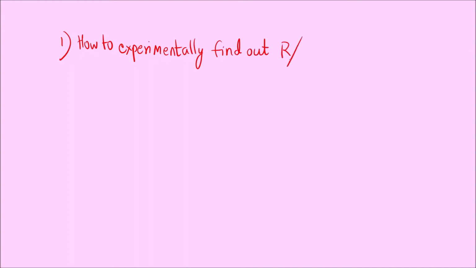Now the first question is how to experimentally find out whether a compound has R or S absolute configuration.